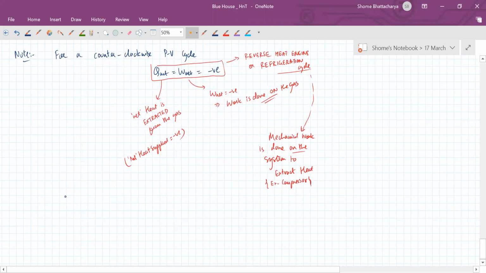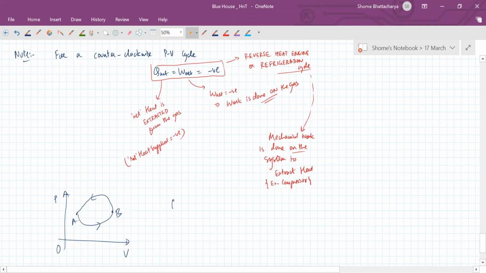Okay, so now the logic of this is very simple. Why does a counterclockwise cycle give us a negative work? You just need to divide the cycle into two parts, the compression part and the expansion part.